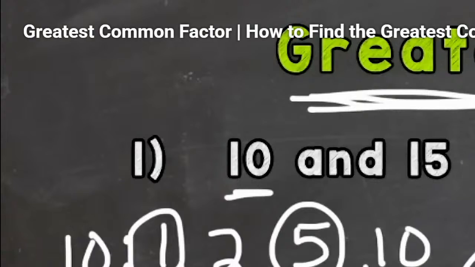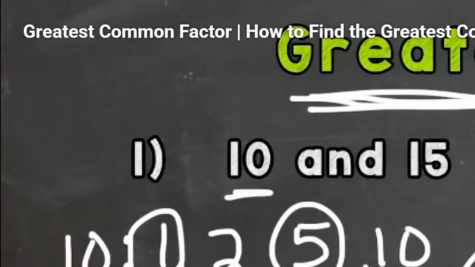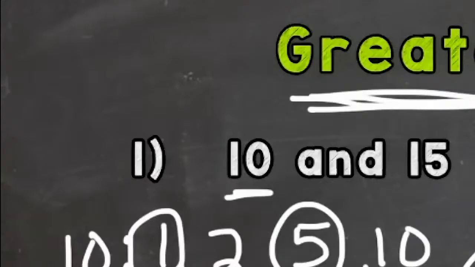Odd numbers here, 9 and 21. So let's write 1 and 9, and then is there anything else that we can multiply to get 9? Well, 3 times 3, so 3 is a factor. You only need to write 3 once though. 21, we'll start with 1 and 21. Now, are there any factors of 21 other than 1 and 21?